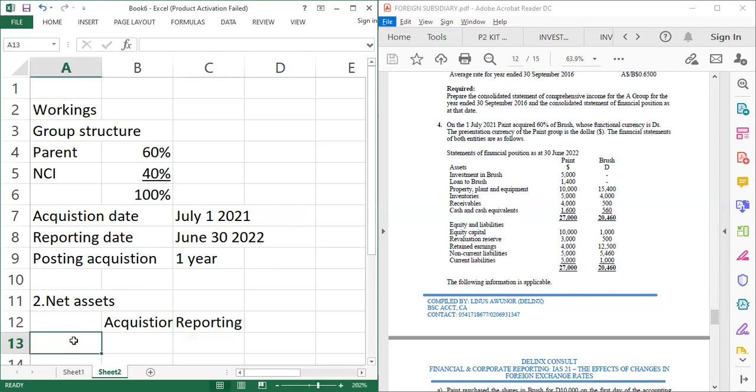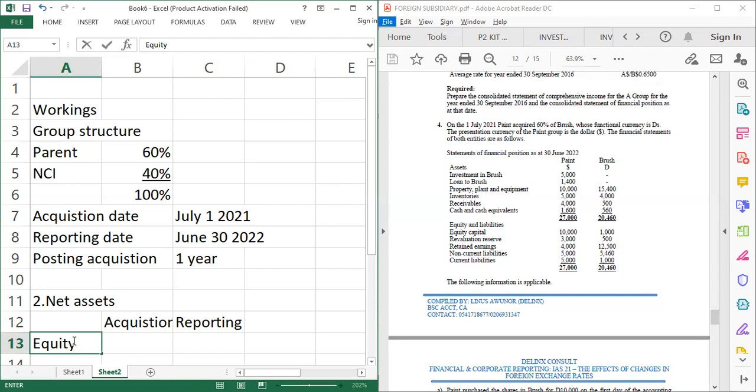Then we start with the share capital. The definition of net asset under consolidation is total assets minus total liabilities. It's not the one we know as total assets minus current liabilities. We are looking for the value of the company which relates to the ordinary shareholders.